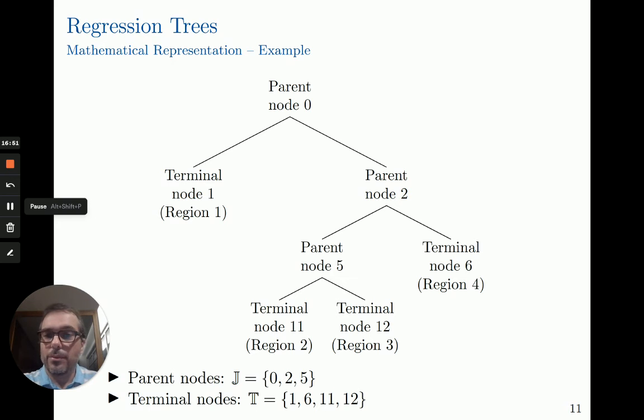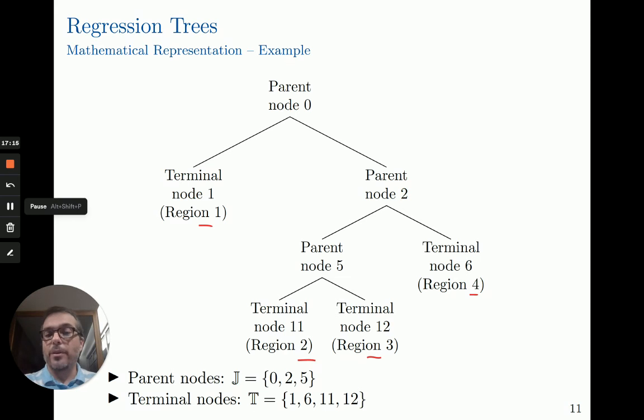We have region 1 here, region 2, region 3, region 4. And this parent node 0 gives terminal node 1 and parent node 2. Parent node 2 gives parent node 5 and terminal node 6. And then I'm splitting parent node 5. That will give me terminal node 11 and terminal node 12.